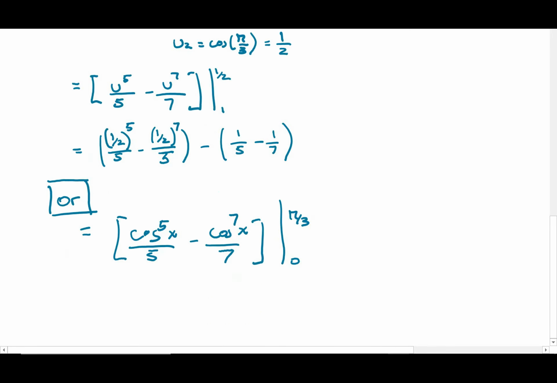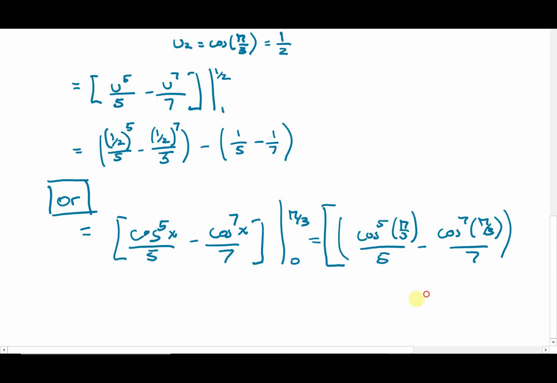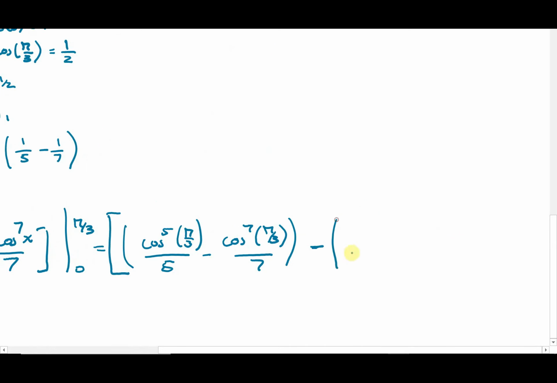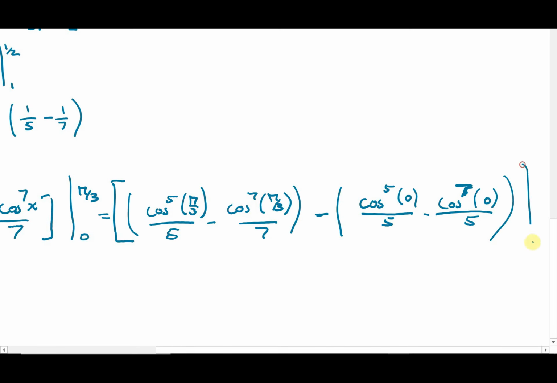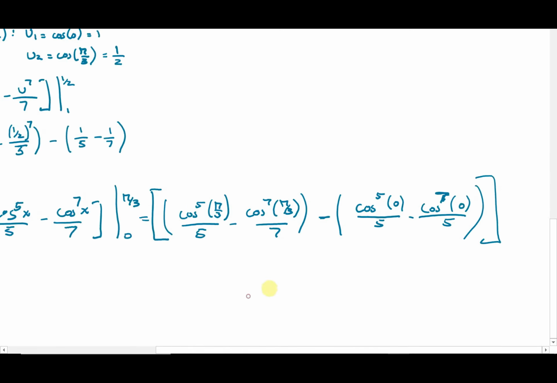We're just inputting, so this is just cosine 5 pi thirds over 5 minus cosine 7 pi thirds over 7. And then in this case, we're going to subtract cosine 5 times 0 over 5 minus cosine 7 times 0 over 7, and then whatever value the input becomes.